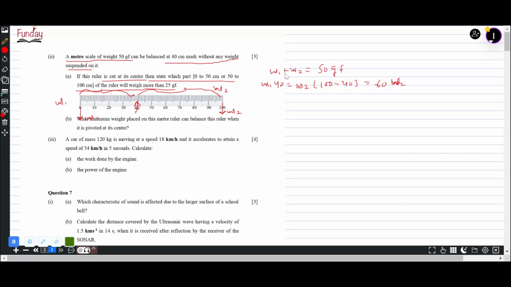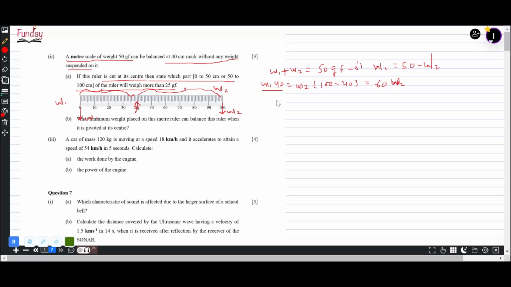Now we have two equations and two variables. What we'll do is put W2 in place of W1. So we know that W1 is equal to 50 minus W2, and this we got from equation 1.